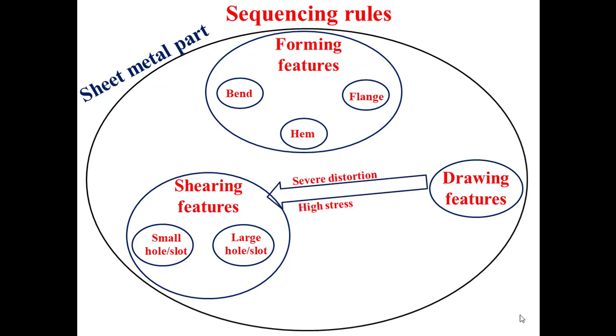It's to note here that in drawing sheet metal parts, holes and slots are subjected to high stress, which might cause metal failure. Also, the drawing might induce a severe distortion on holes and slots, so it will be wise to cut holes and slots, in other terms, to carry out sharing features after the drawing features.